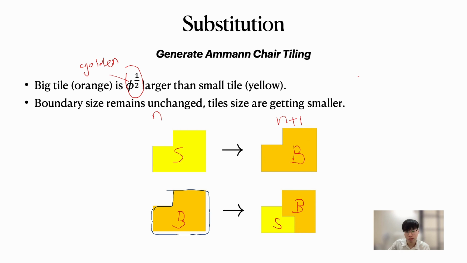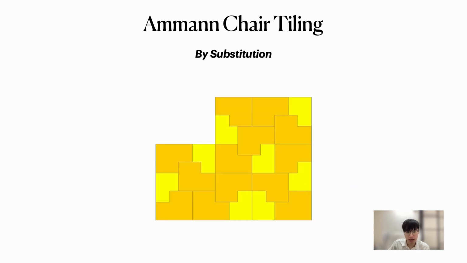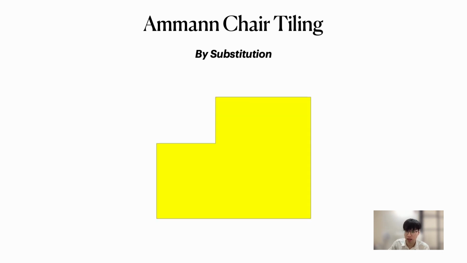When we replace it with a small tile and a big tile, the boundary remains unchanged, but the tiles get smaller. So the big tile in generation n plus 1 is much smaller than the tile in generation n, and how much smaller is also by a golden ratio to the power of 1/2. Here is an example of how we grow an armchair tiling by substitutions.